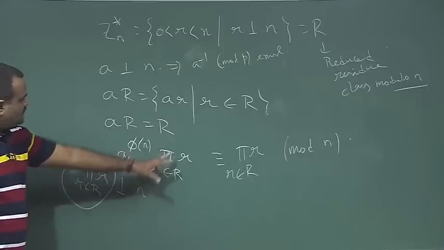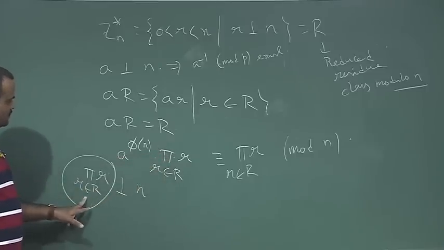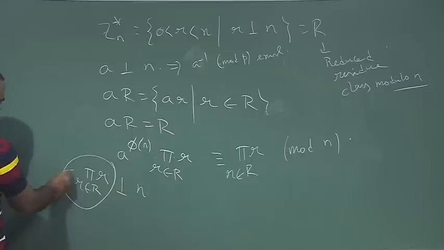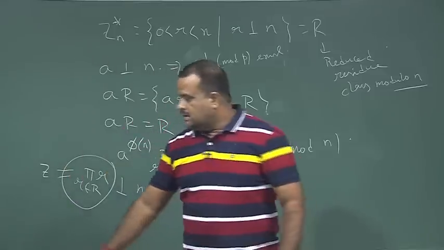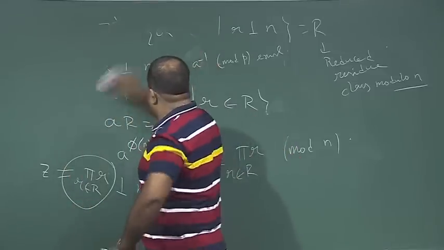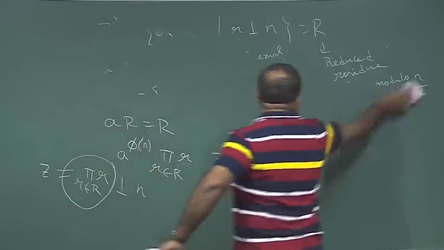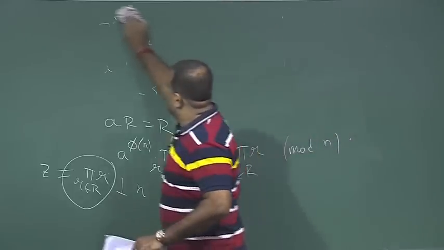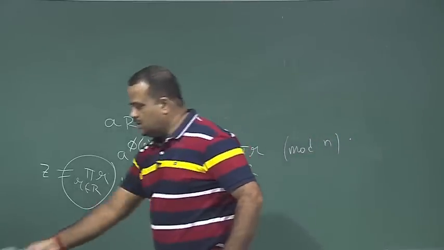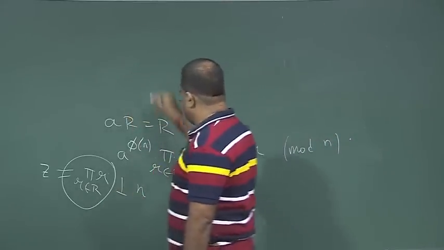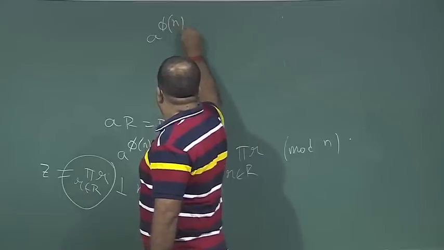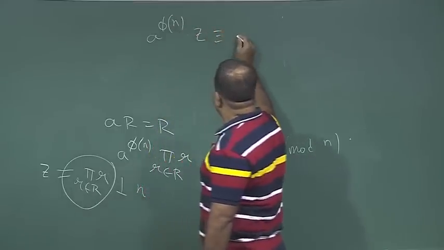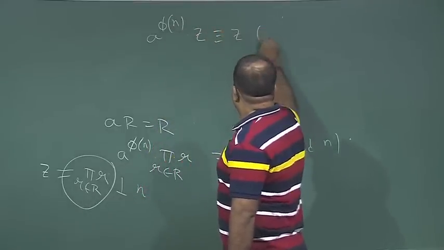So, we denote this product by Z. We have a to the power phi(n) into Z is congruent to Z mod n.